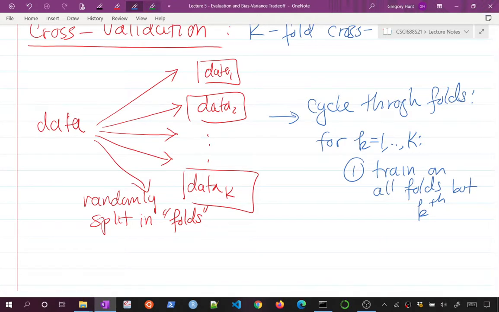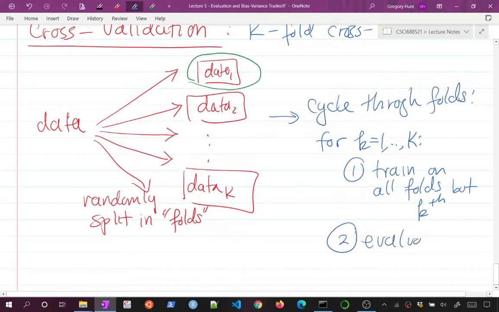So for example, in the first iteration, little k is 1. I'm going to hold out data 1, that first fold, train on the other folds 2 through K, and then evaluate on the kth fold. So then I'll evaluate on data 1.